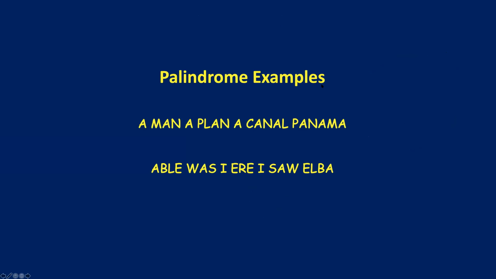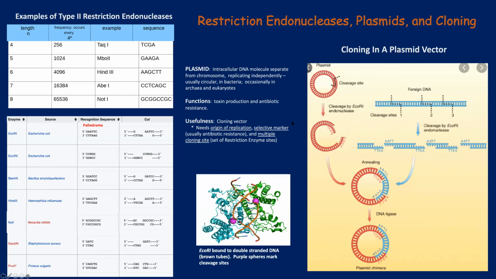So that's what plasmids are, and they're essential for cloning. This is another description of them. Their natural functions in bacteria: some of them encode toxins, and others encode genes for resistance to antibiotics.